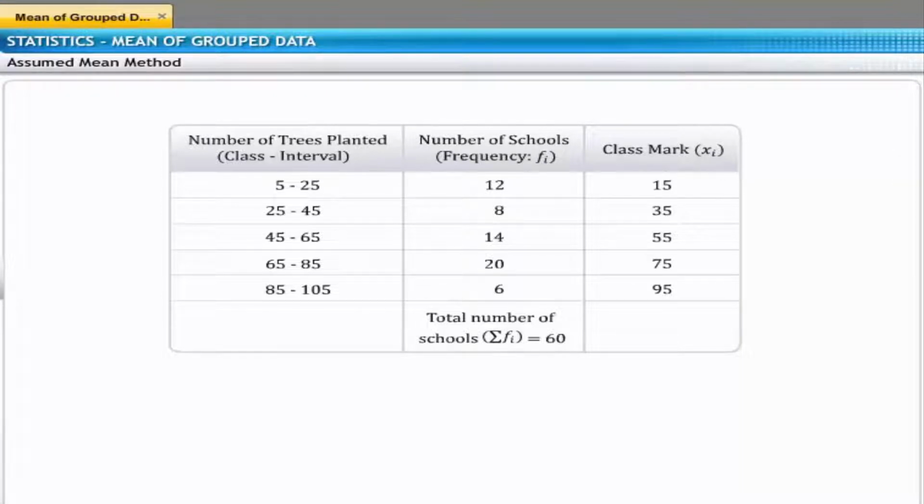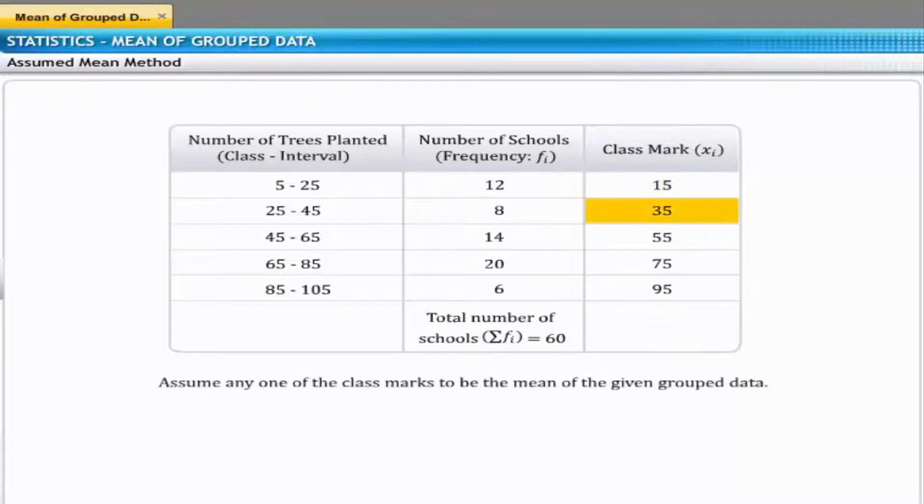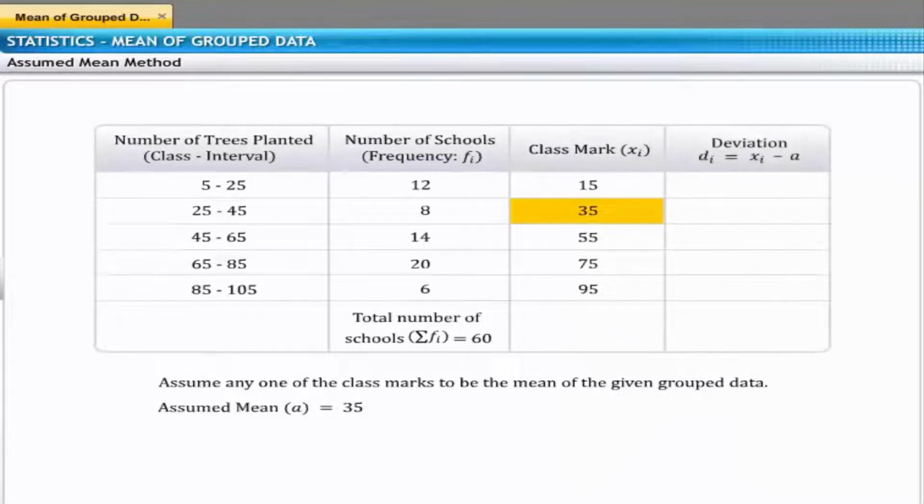This method can also be used when the size of the class is not the same. Observe the class marks for different class intervals. Let us assume any one of these class marks to be the mean of the given data. Let's choose 35 as the assumed mean denoted by A. Now, let us find the difference between the class mark for each class interval and our assumed mean.